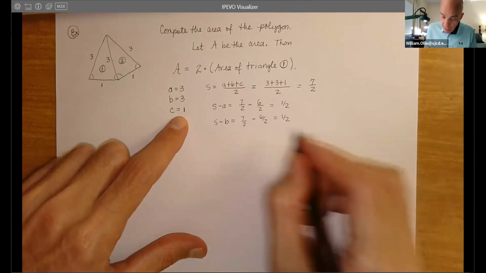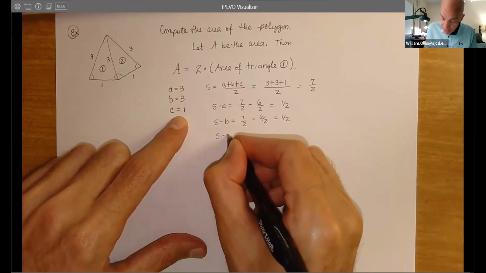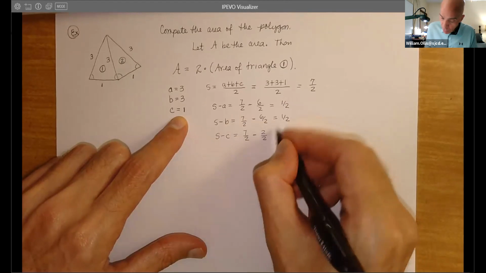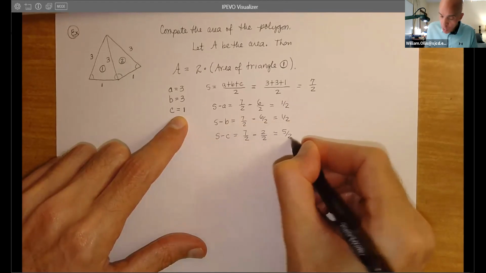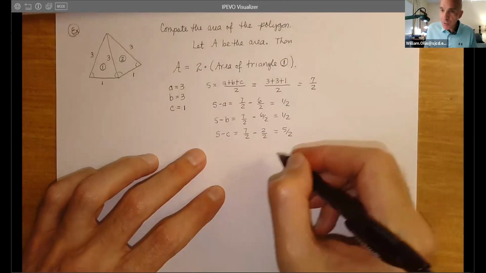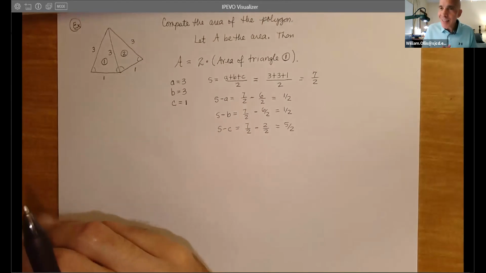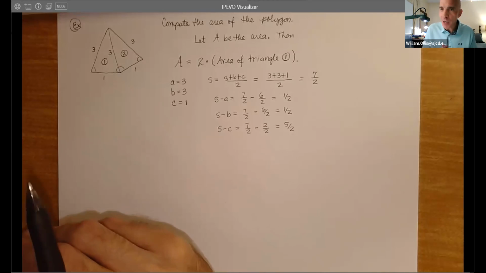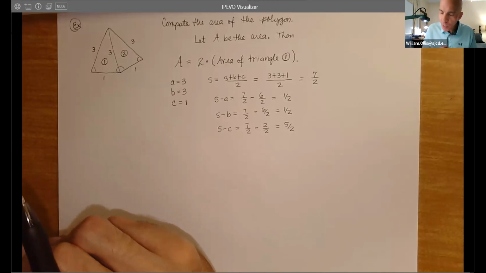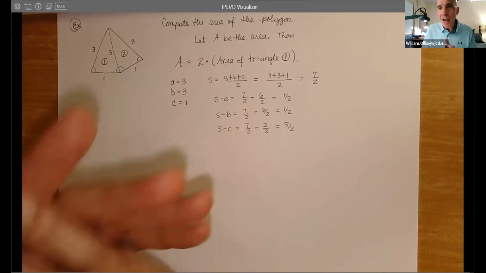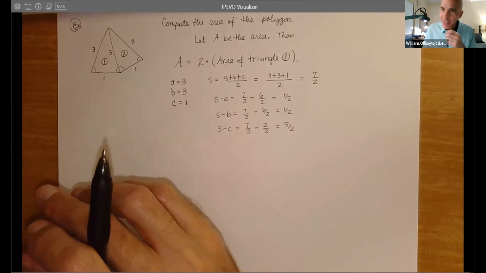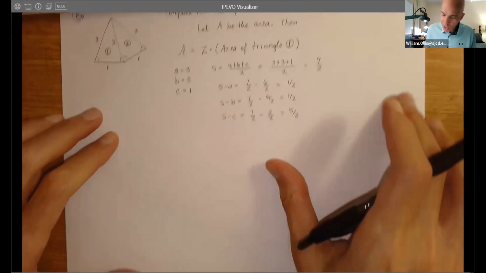And then of course, for the C one, we have S minus C, which will be 7/2 minus 2/2, which is 5/2. So of course, this triangle exists because all of these are non-negative. I mean, let's face it, we might get a 0, and then that just means we have a line. Okay, that's not a triangle, but at least it's not into the imaginary sense. So the triangle theorems are nice because again, they keep us correct and legal in our geometric constructions.